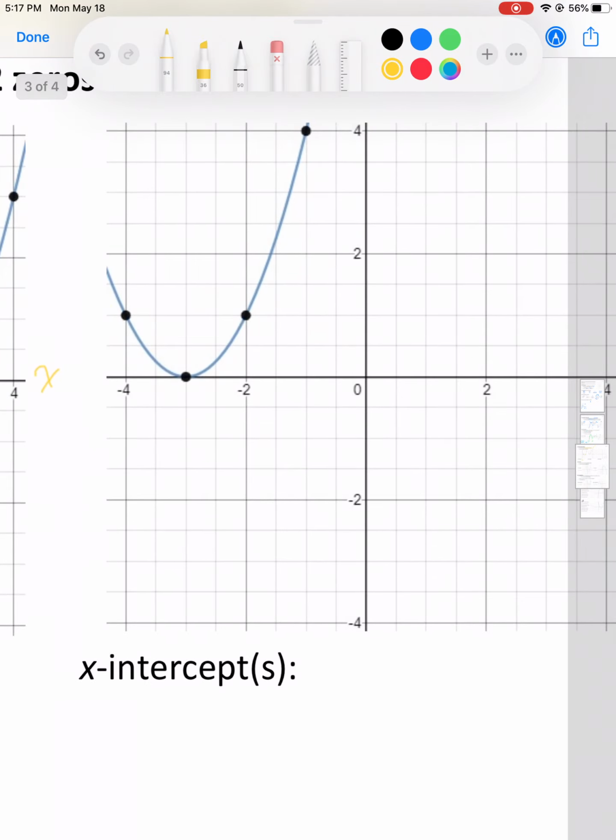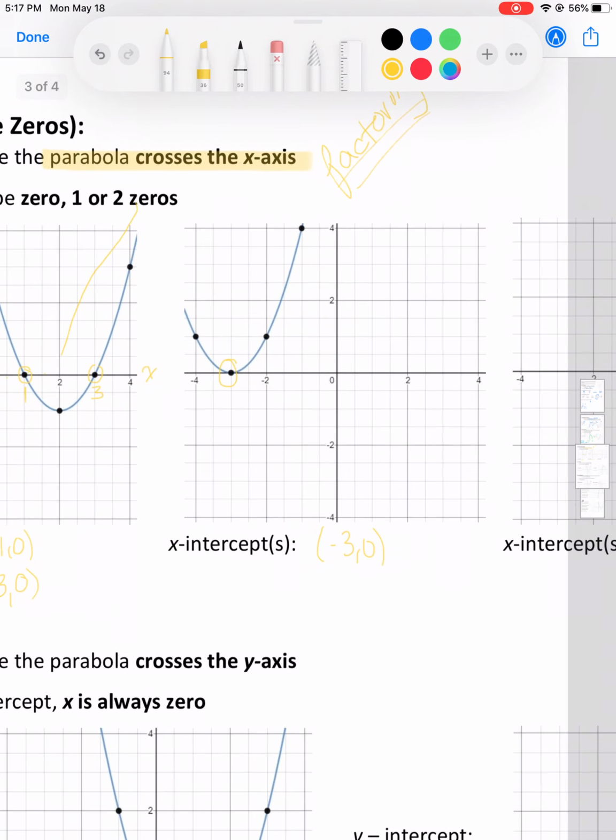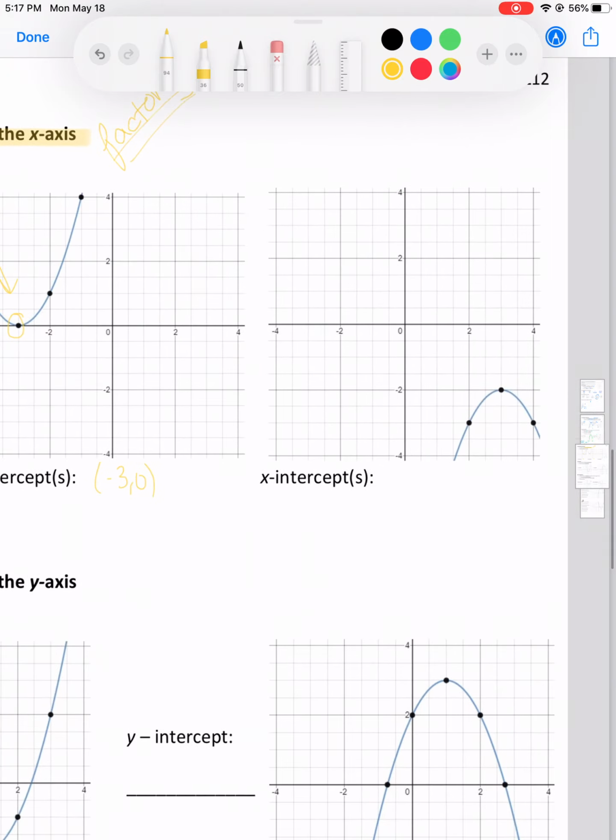Okay, let's look at our next one. What's my x-intercept? There's only 1, and that's okay. That means the vertex is on our x-axis. So that number is -3, so it's -3, 0. So this one has 2 zeros, this one has 1 zero. How many does our last one have?